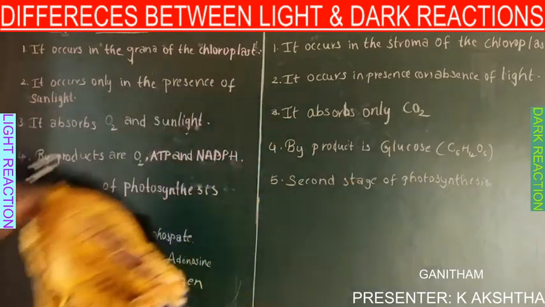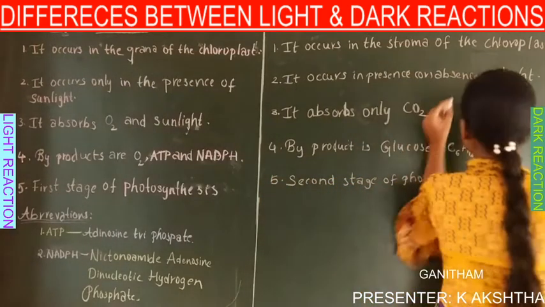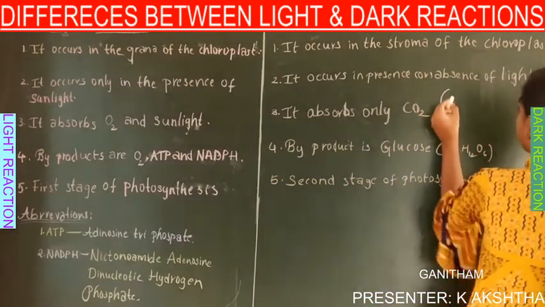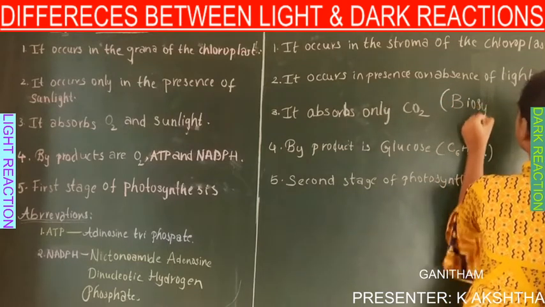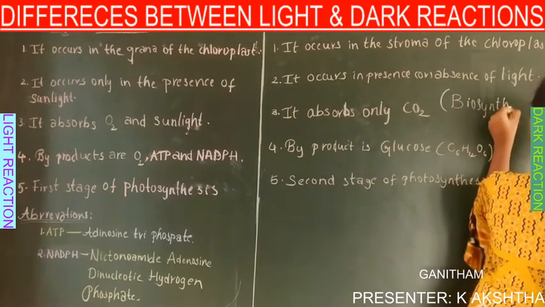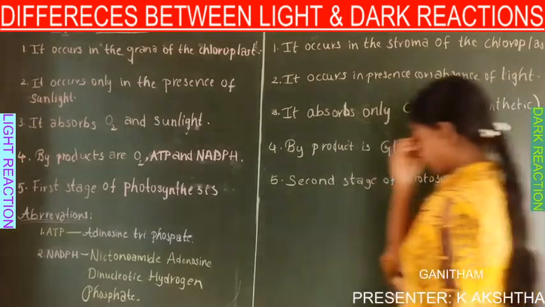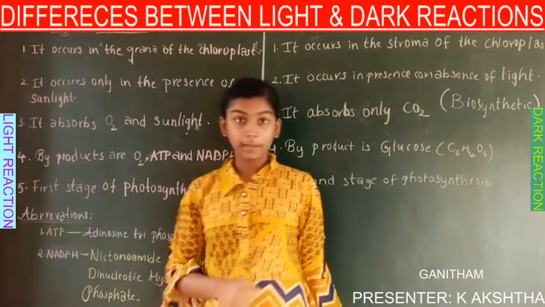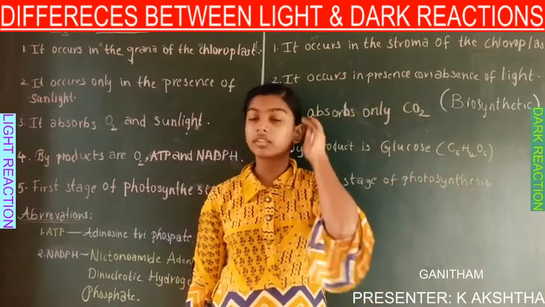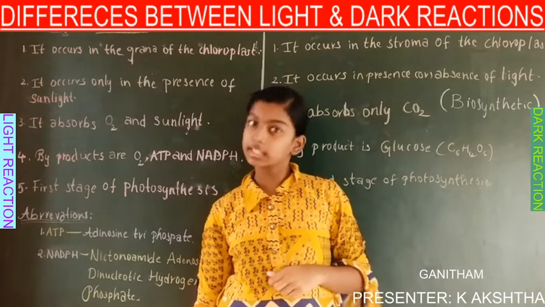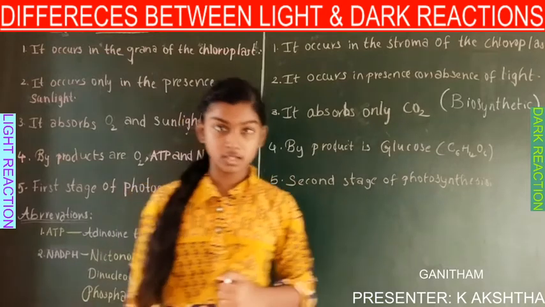I will write it for you. This dark reaction is also called the biosynthetic reaction. What is the first point? It occurs in the stroma of the chloroplast, a part present in the chloroplast. Secondly, it occurs in the presence or absence of sun.